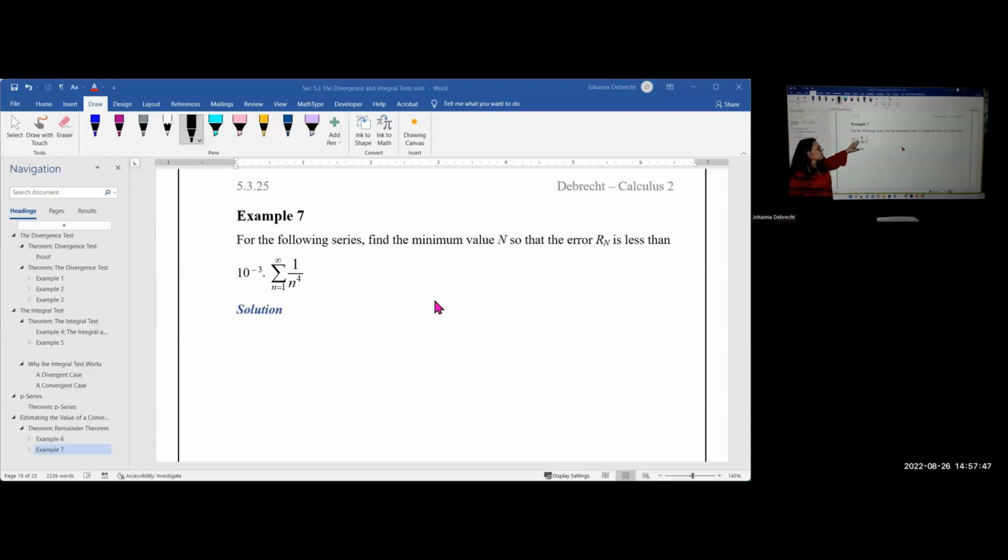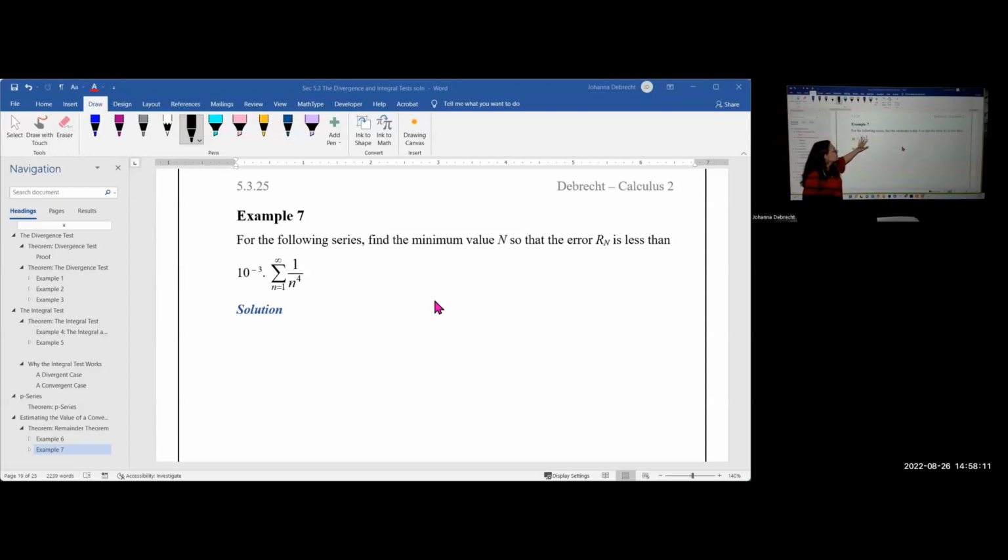In this case, I want it to be accurate to within 10 to the negative third, which would be 1 over 1,000 or 0.001. Now you could choose any value. The choice here is totally arbitrary. So this could be 10 to the negative 8 or something like that. You want it to be small, right? You want your error to be small so that your approximation is fairly close to the true value.